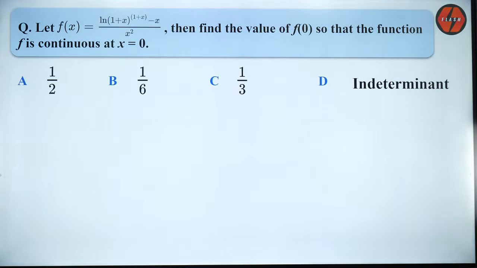Darshan, the next question is already on your screen. Okay, so guys, if you cannot see it correctly, let me explain it. It is ln of 1 plus x to the power 1 plus x, minus x, divided by x square. Okay, so that's the question for you.